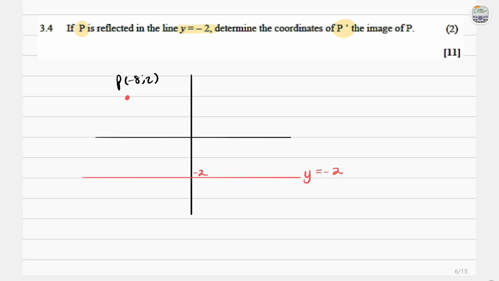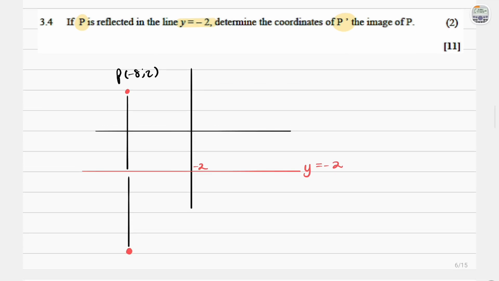So if a point is being reflected across a line, it really just means that this point P is here, and it's going to appear over here. But we can't just guess where it is. Here is how reflections work. For that, we need to know this y value. P's y value is specifically 2.